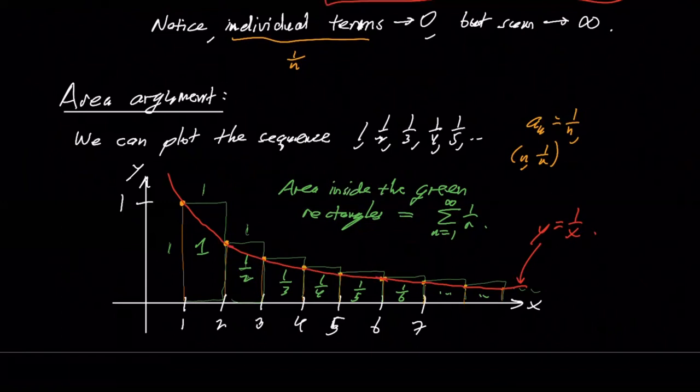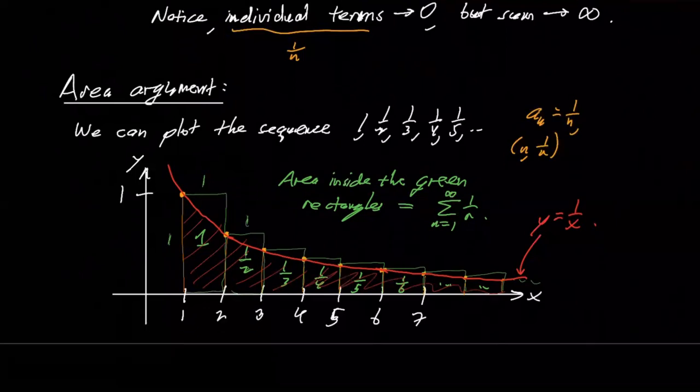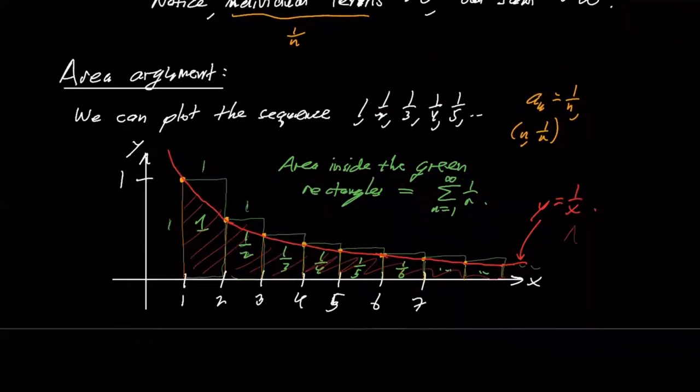So we have the area of the green rectangles is the infinite series, and think about the area under the curve, right? There's your area under the curve. And so the area under the curve is the improper integral. Okay, so the area under the curve is in fact the integral from 1 to infinity, 1 over x dx.